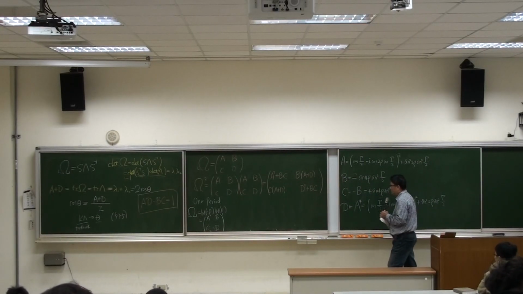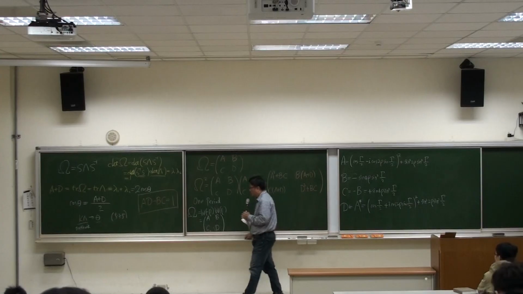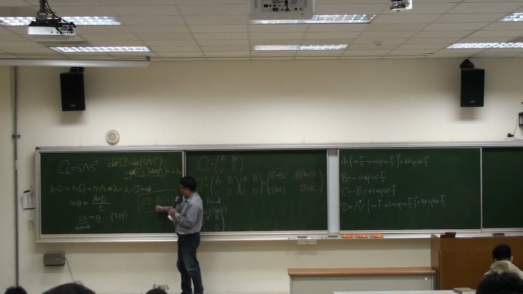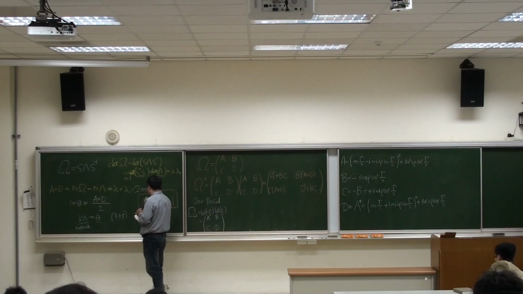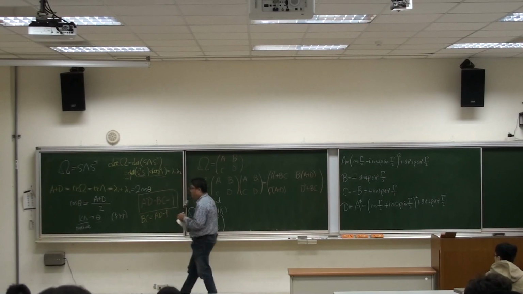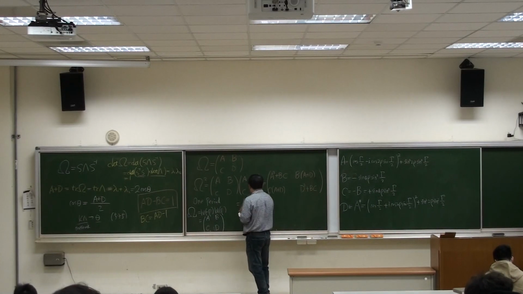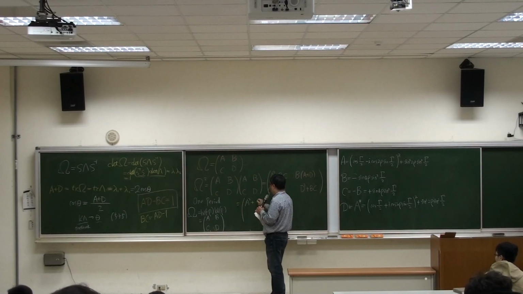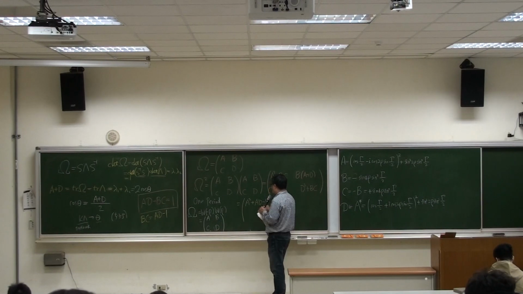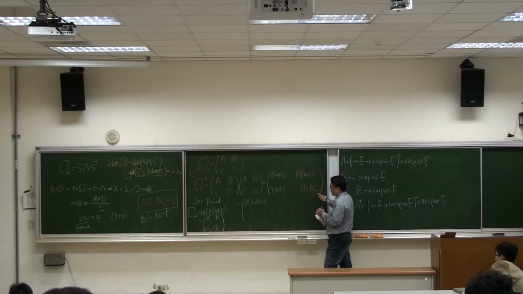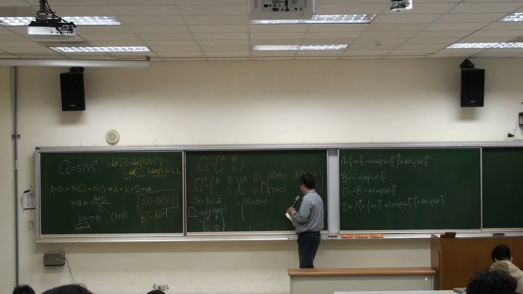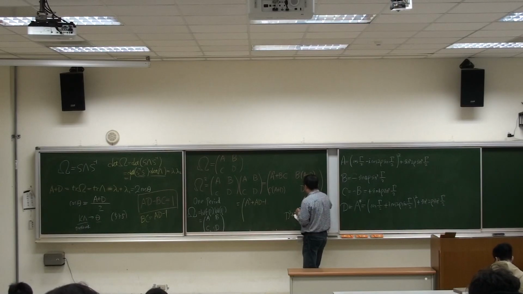Okay. So now we know that AD minus BC equal to 1. This means that BC can be written as AD minus 1. So we can write the result as A squared plus AD minus 1. Here, D squared plus BC, D squared plus AD minus 1.